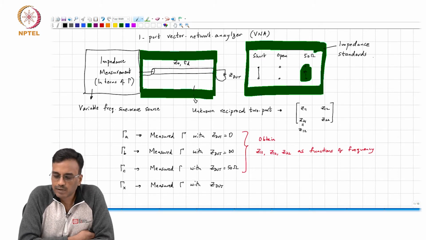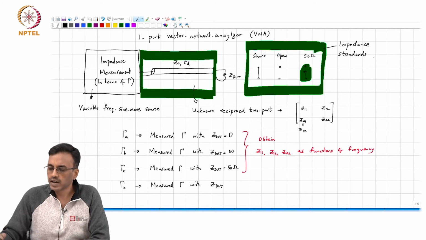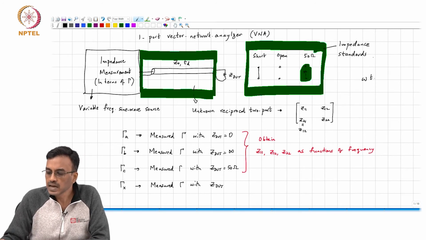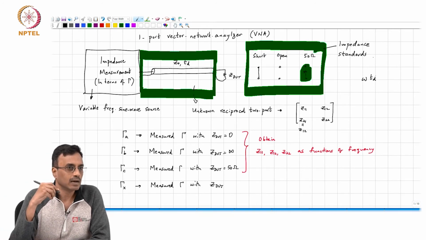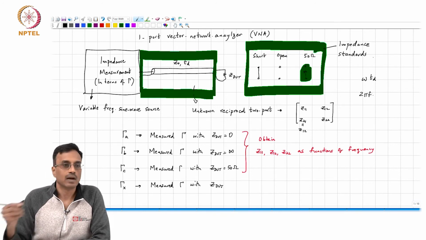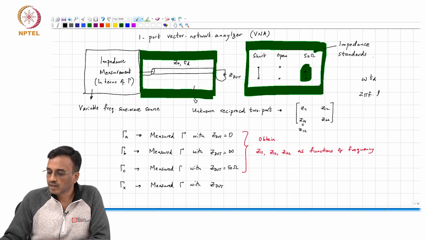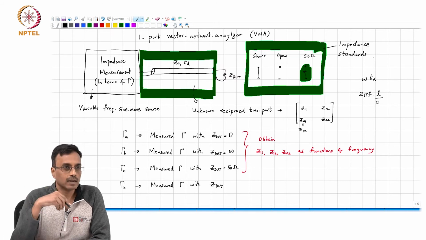At RF and microwave frequencies, as we discussed yesterday, the notion of what constitutes RF and what constitutes microwave is a function of the quantity omega times Td, right. Omega is 2 pi f, and Td is the length of the line divided by the velocity of light, right.